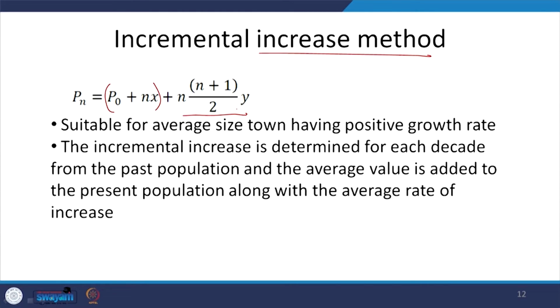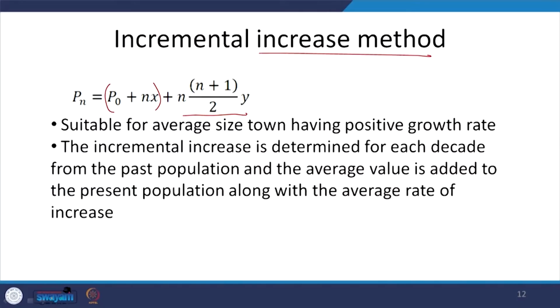This is for a city that's not too big, not too small, and has decent growth. What is this term going to give you an idea about? The average value is added to the present population along with the average rate of increase.